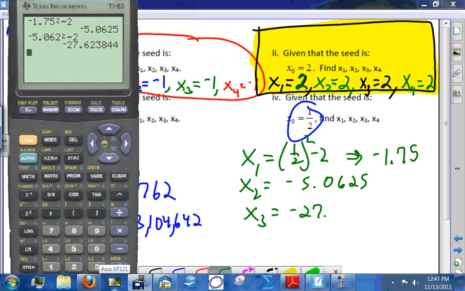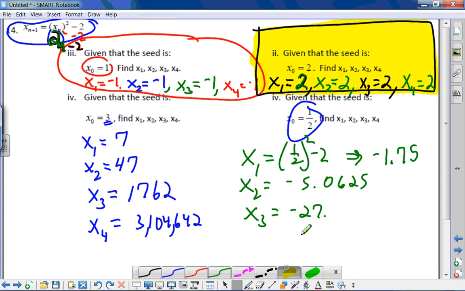Well, now at this point, I've made a mistake that actually a lot of students often make. It's in the calculator up there in the top. Negative 1.75 squared. The way I entered it, I did not get the correct answer. The negative 5.0625, that's not correct. So let's erase it.